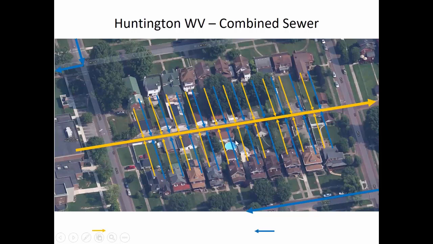And as it turns out, if you do disconnect these roof drains, that can help a little bit, but there's still just enough places where the rainwater makes its way into the combined sewer and where the pipes just aren't big enough that it's a very big challenge.